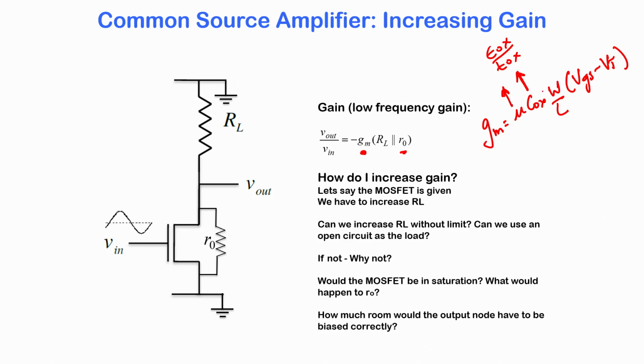Can we increase the aspect ratio? Most definitely, because that is under your control. You do the layout, you do the design, you can decide the channel width and the channel length as long as they fall under the design rules of the foundry, and therefore, this is something you could definitely use to improve Gm. What about the gate to source voltage? Yes, we can increase it, but only to a certain limit.